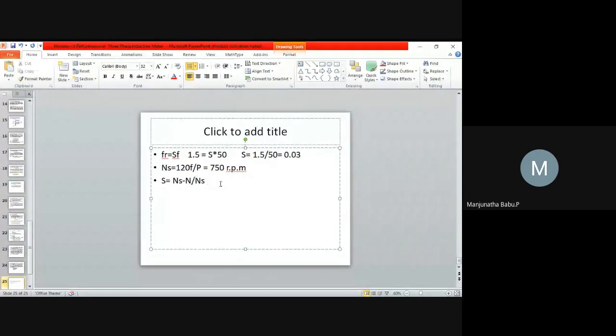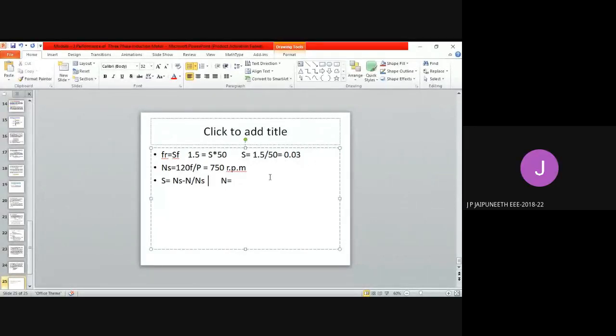So find what is N. Sir, here we will take S as 0.03 or 3? 0.03. If it is percentage, then you have to multiply by 100. If you are taking 3%, so always S will be in fraction.